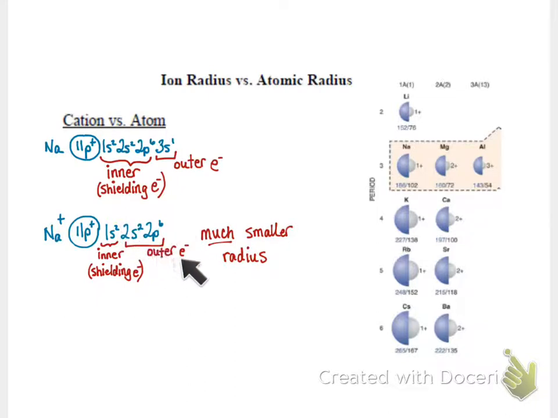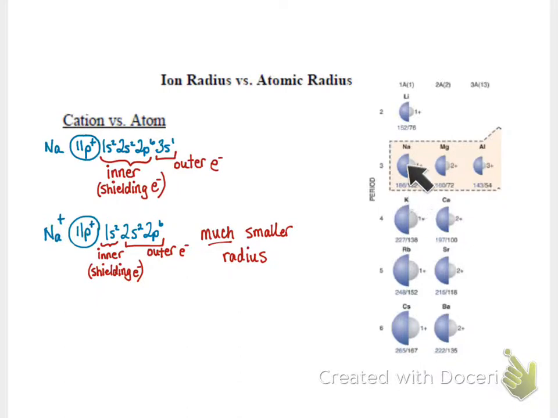They are the outer electrons, and there's fewer electrons shielding, but the nucleus still has the same number of protons. So the nucleus still has the same amount of pull, but you can think of it as having much less work to do, but the same amount of pull. So it's going to pull a lot more, and the size goes way, way down. I mean, much more than a little bit.